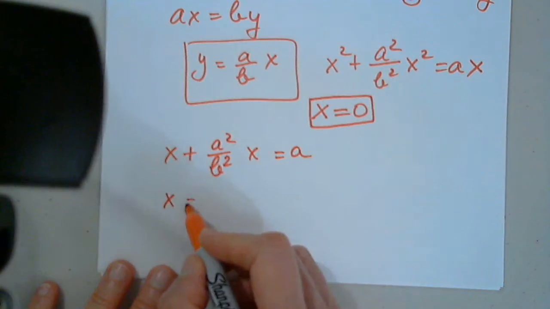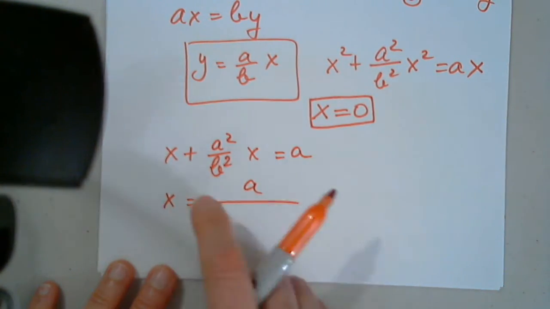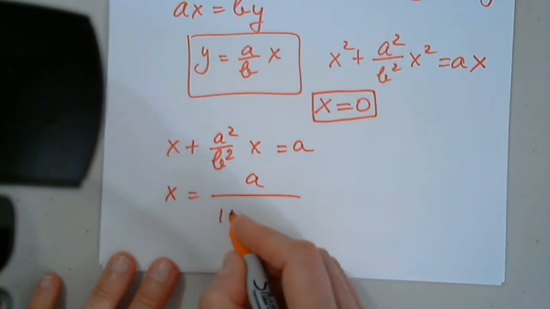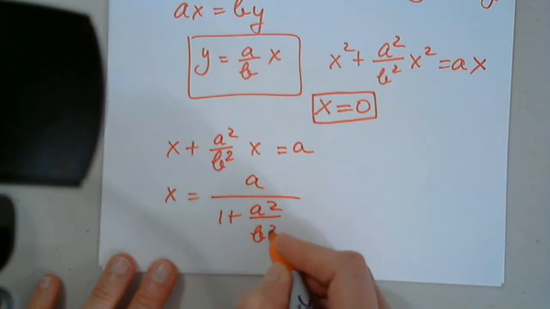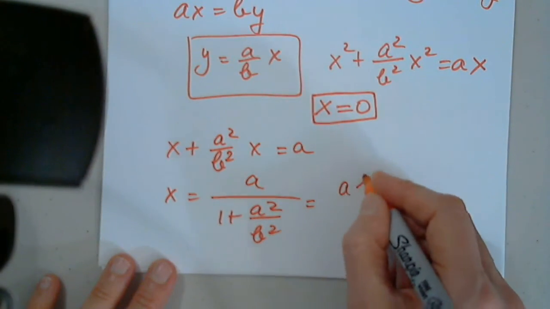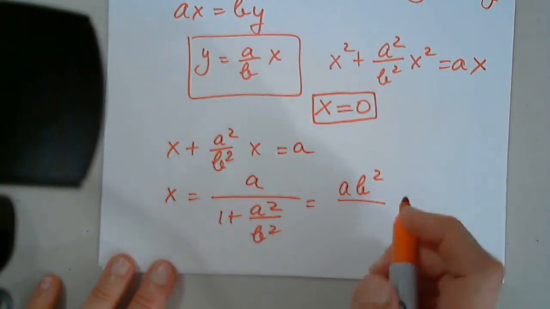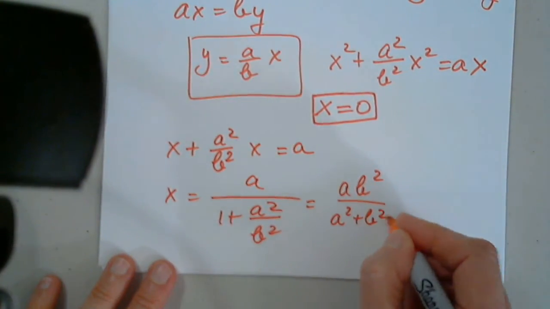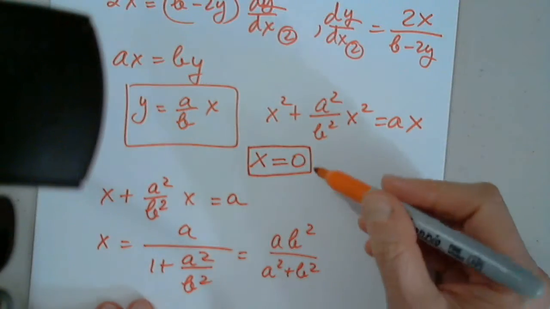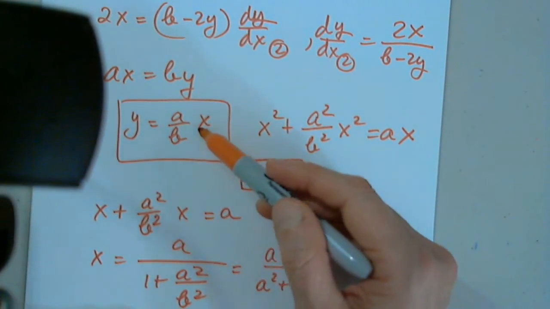And x will be a divided by 1 plus this, or ab squared over a squared plus b squared. So when x is 0, y is 0.